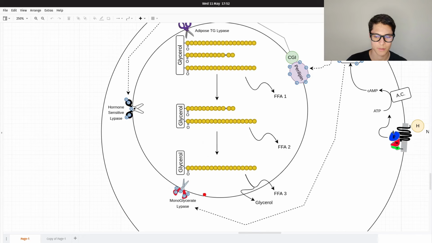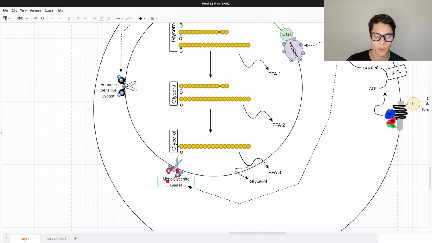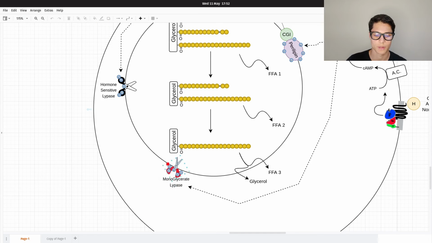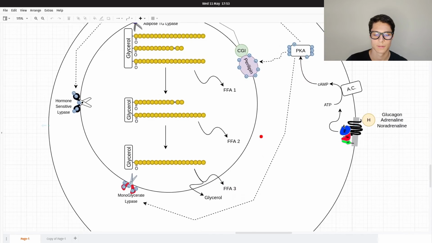The third enzyme involved in this process is the monoglyceride lipase. Once again, protein kinase A is going to phosphorylate this enzyme. From the breakdown of the monoglyceride, we get glycerol and the third free fatty acid. And this was the triglyceride mobilization, the fatty acid creation from the triglyceride in the adipocytes.